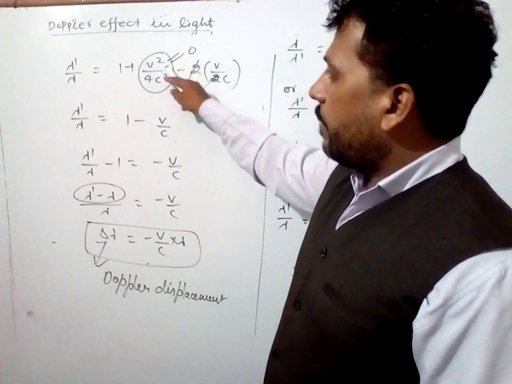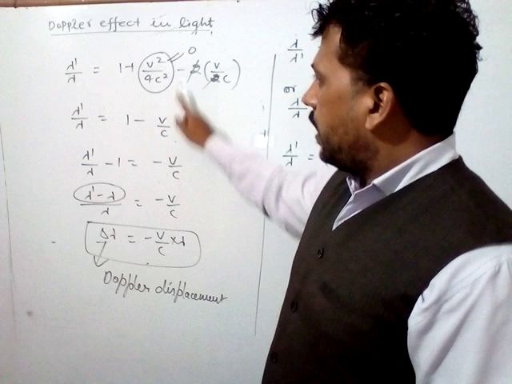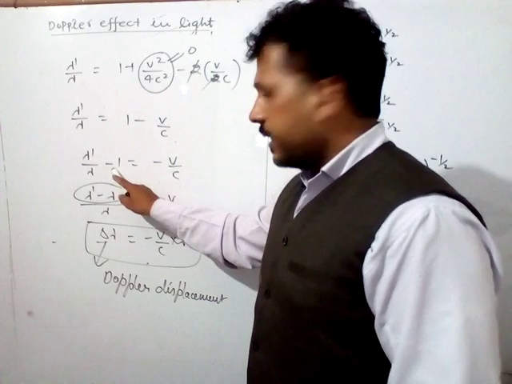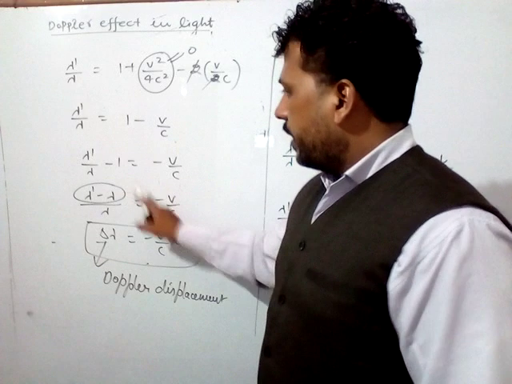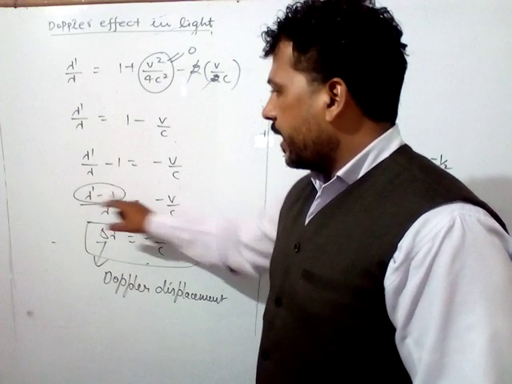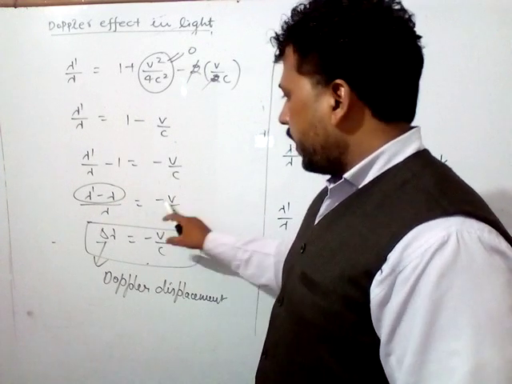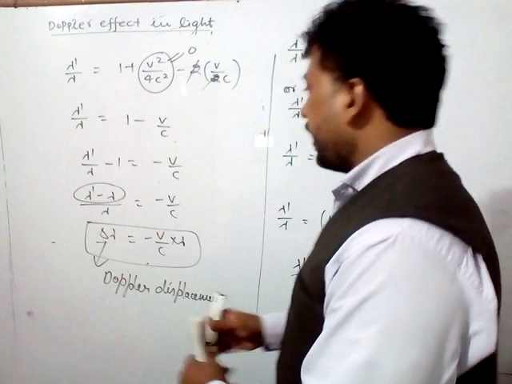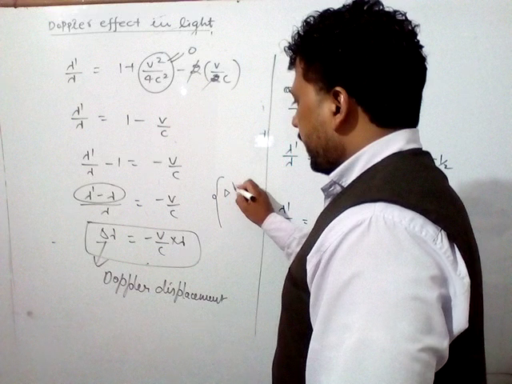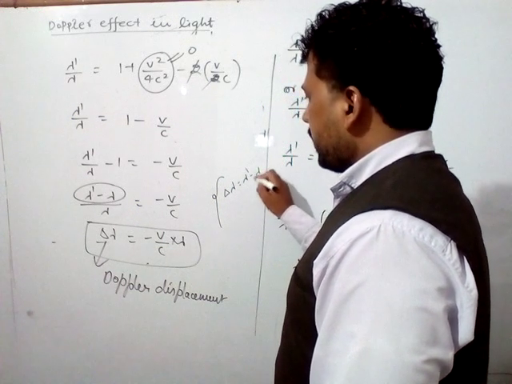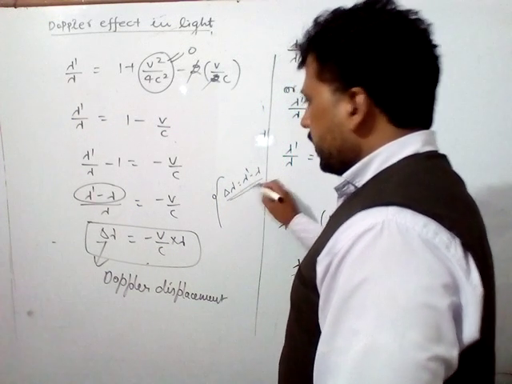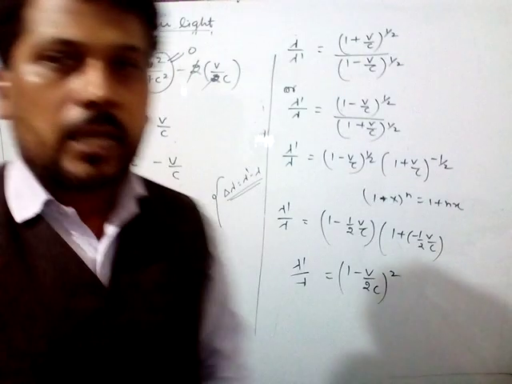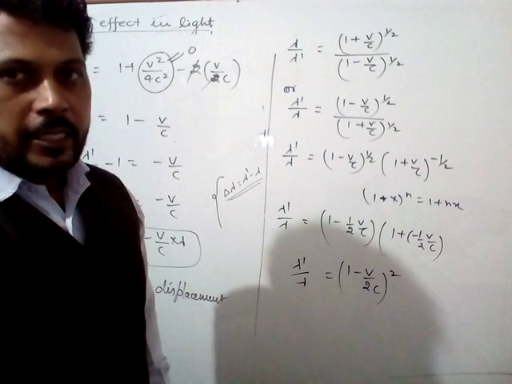This is the higher power term, so it will be negligible, and 1 minus v upon c. 1 इधर कर दिया convert, so it will be equal to LCM ले लेंगे, lambda dash minus lambda by lambda is equal to minus v by c, and lambda dash minus lambda is equal to delta lambda. This is delta lambda equals lambda dash minus lambda. Okay, and this is known as Doppler displacement. So in this way we will solve the value of Doppler displacement. Thank you.